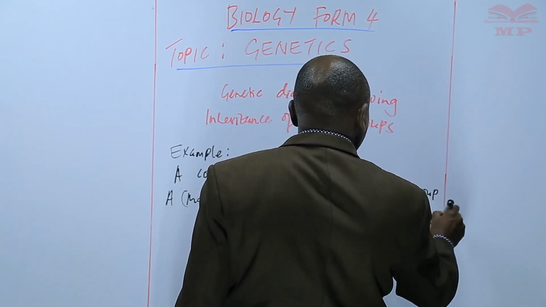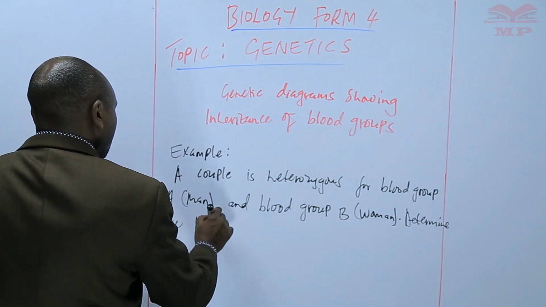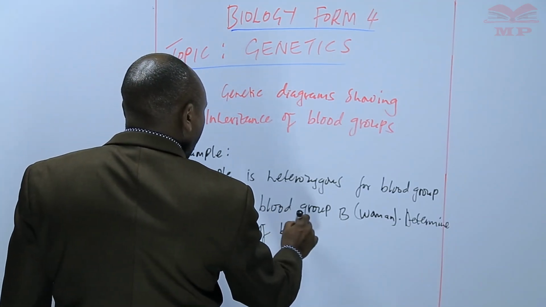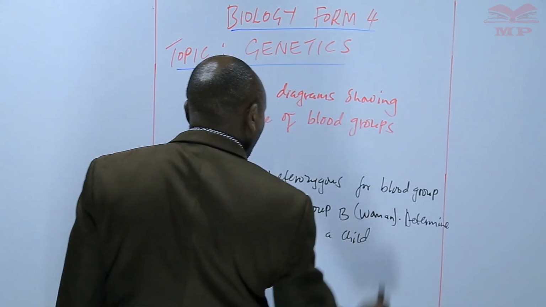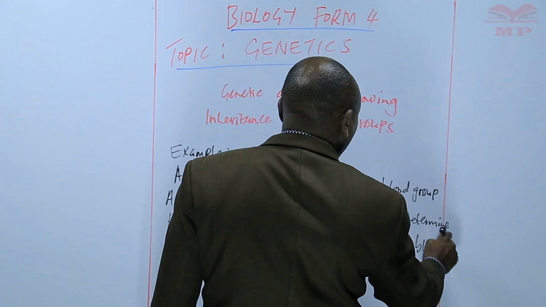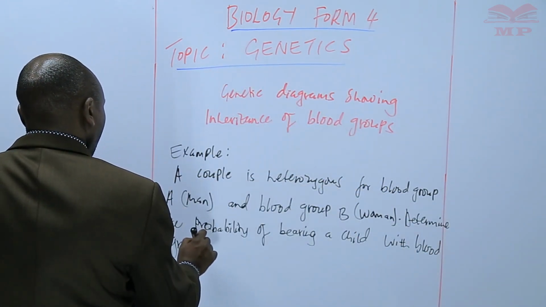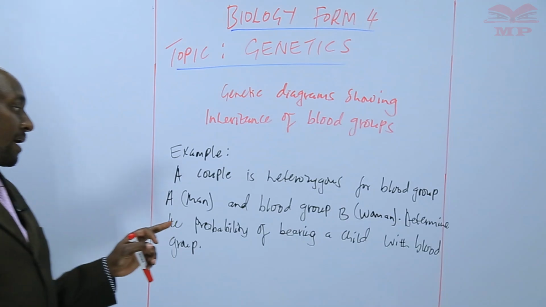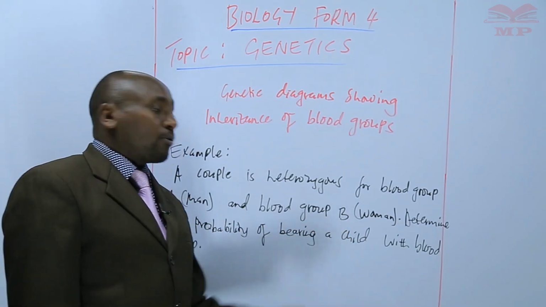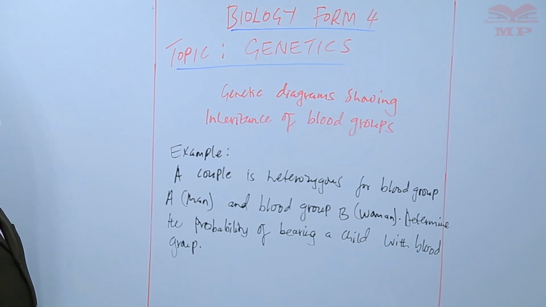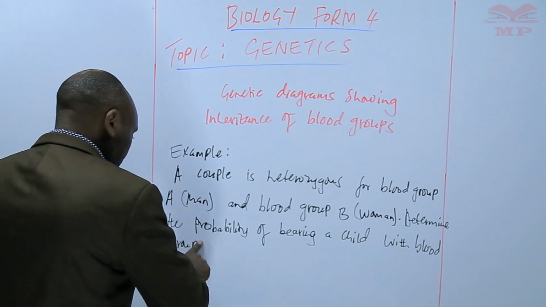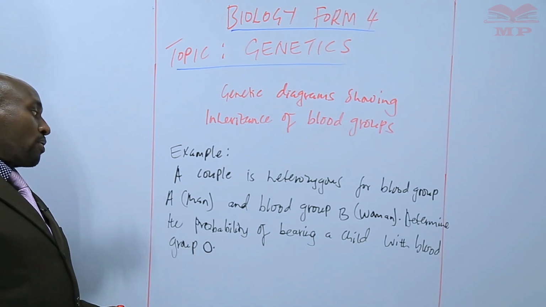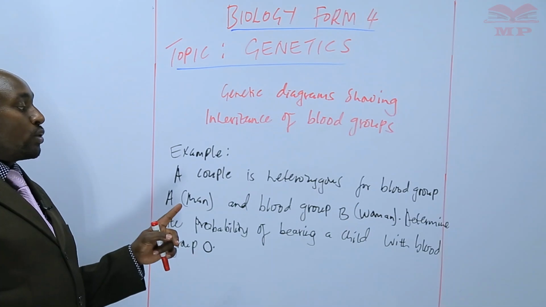Then you are told to determine the probability of bearing a child with blood group O. So the man is heterozygous for blood group A and the woman is heterozygous as well for blood group B. In other words, is there a probability of getting a child with blood group O from a man who is blood group A and a woman who is blood group B?